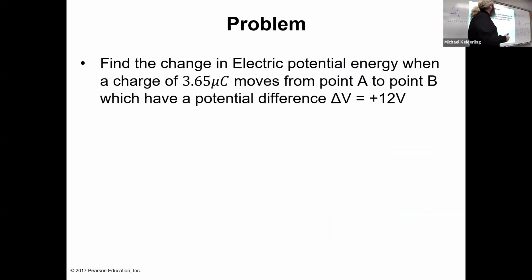So if we want to find the change in electric potential energy when a charge moves from point A to point B, where we have a potential difference, delta V, of plus 12 volts, and it's a charge of 3.65 microcoulombs.